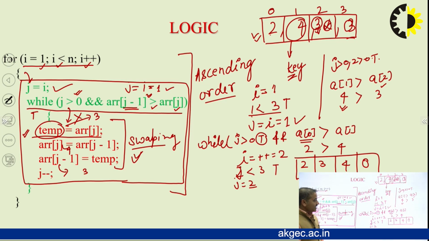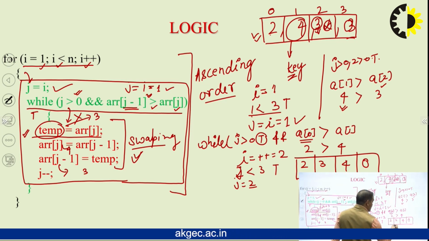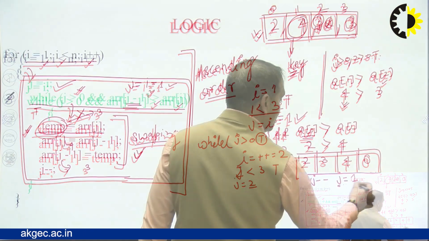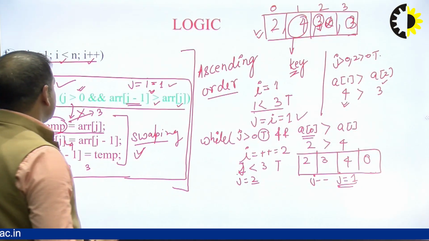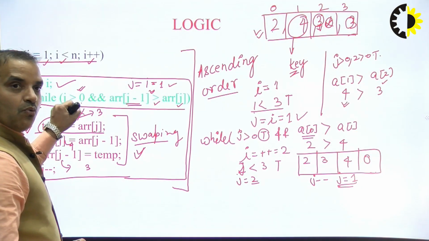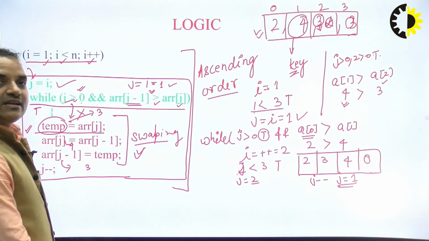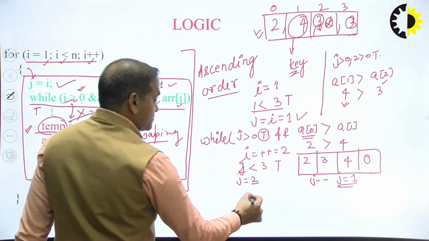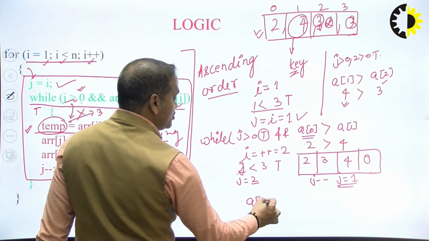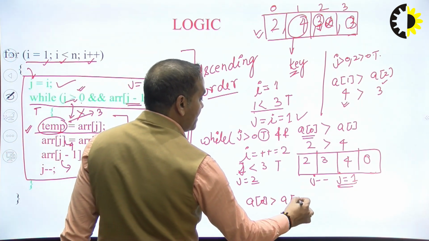Now the next step is that the value of j should be decremented by 1. Now the value of j is equal to 1, then repeat the same condition. j is greater than 0, 1 is greater than 0, condition is true, and j-1, that means a[0] is greater than a[1].